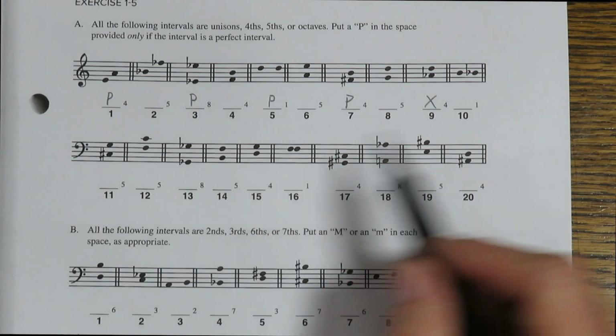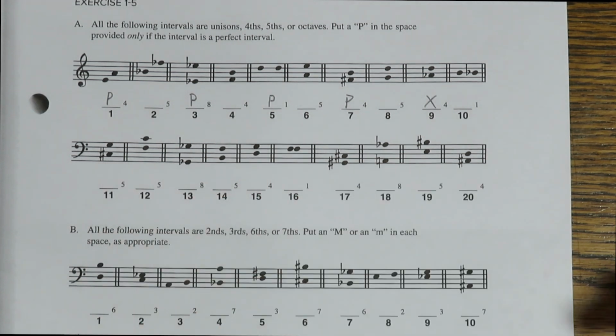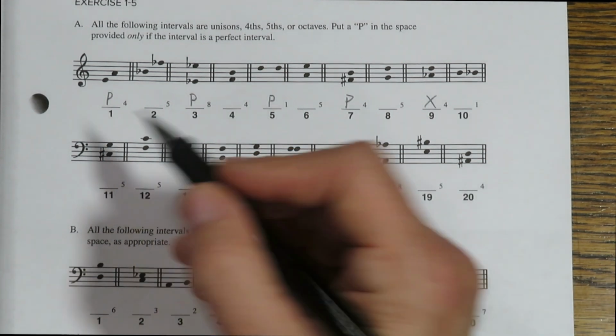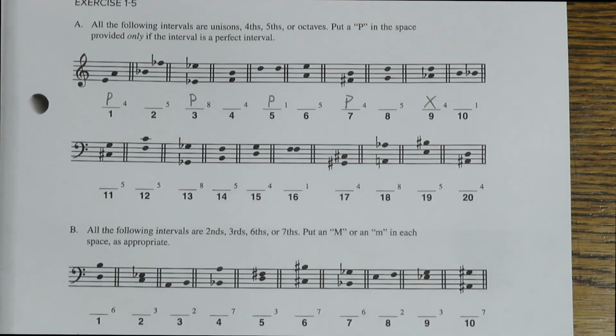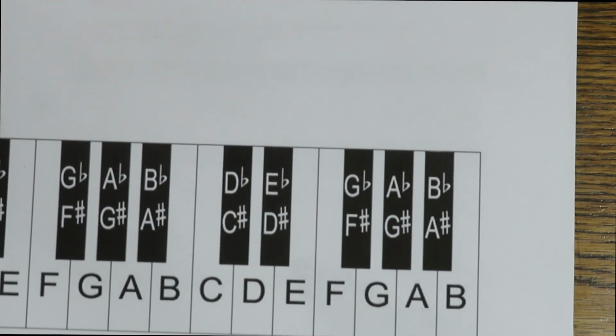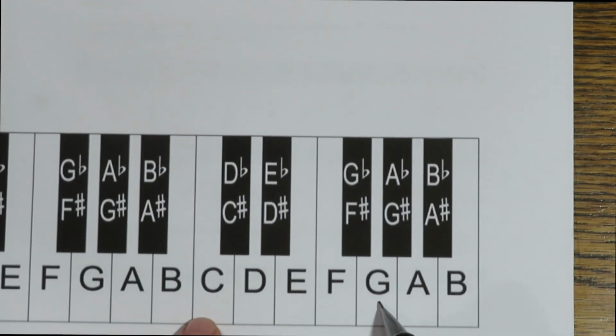Now, here we are in bass clef. C sharp to G. Okay, so that's a fifth, right? Is it a perfect fifth? No. You should know by now that C natural to G is a perfect fifth.